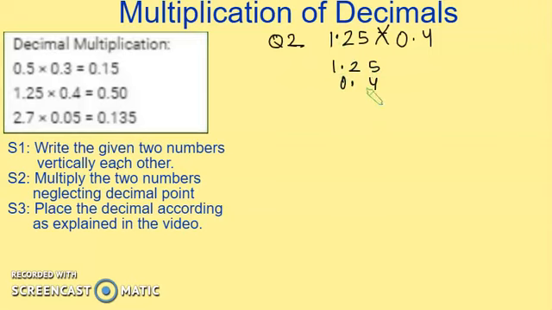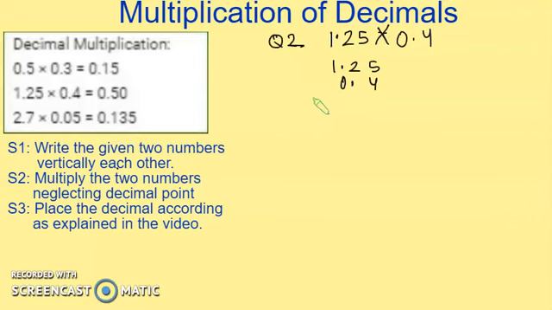You might have noticed I haven't put the two decimals below each other. In fact, in multiplication that is not mandatory. So the first step we completed, write down the two numbers vertically below each other.